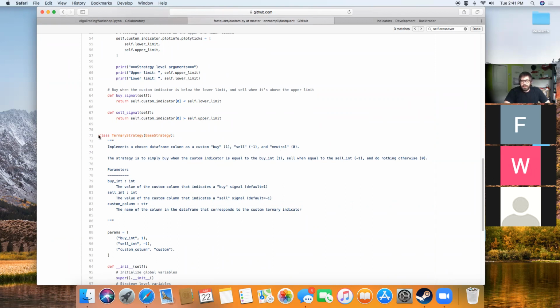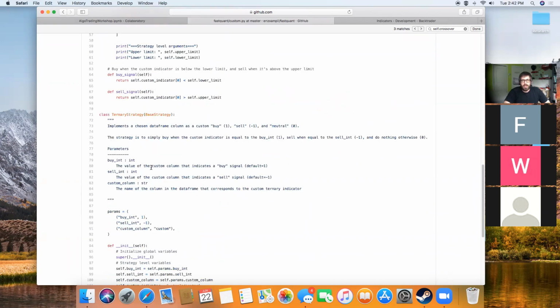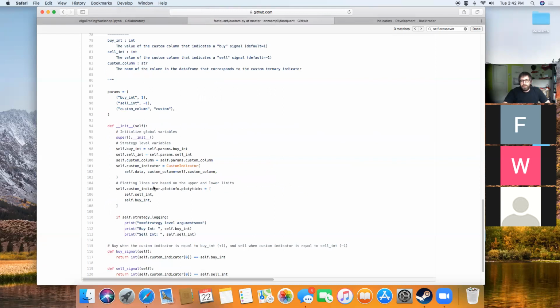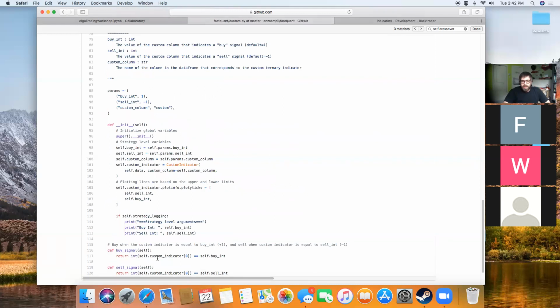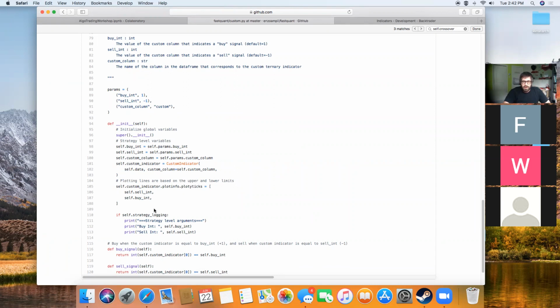So I like this because it takes you out of writing your own custom strategy. All you need at the end is a column in your data frame that indicates the class of every row, whether you want to buy, sell, or just don't do anything. And it does the job for you. And you can actually see how easy it is being implemented.